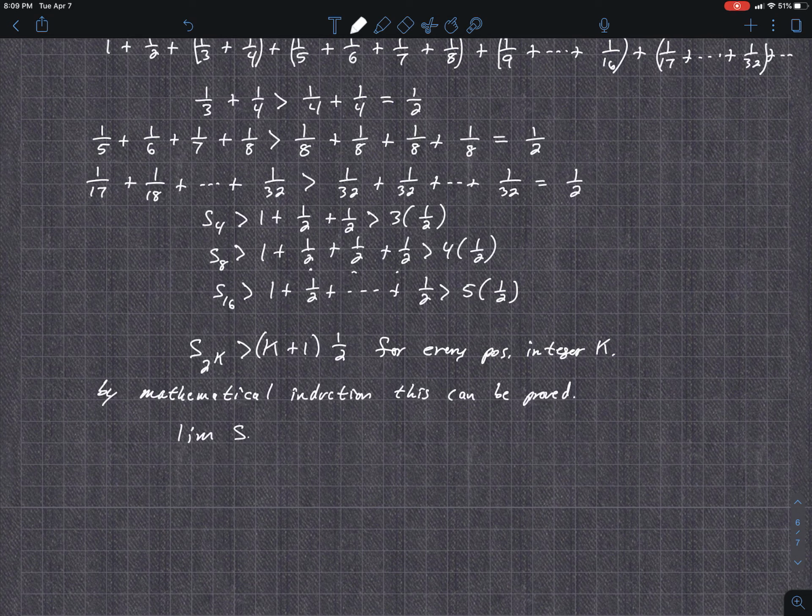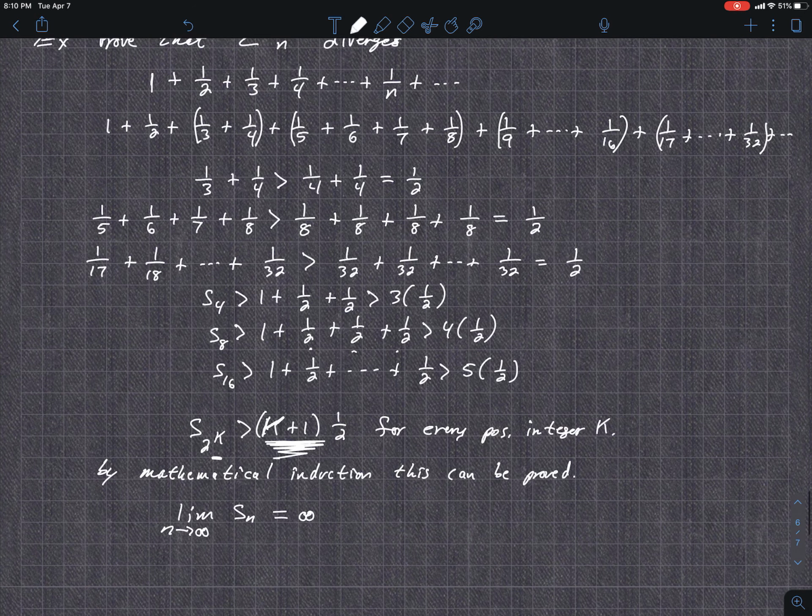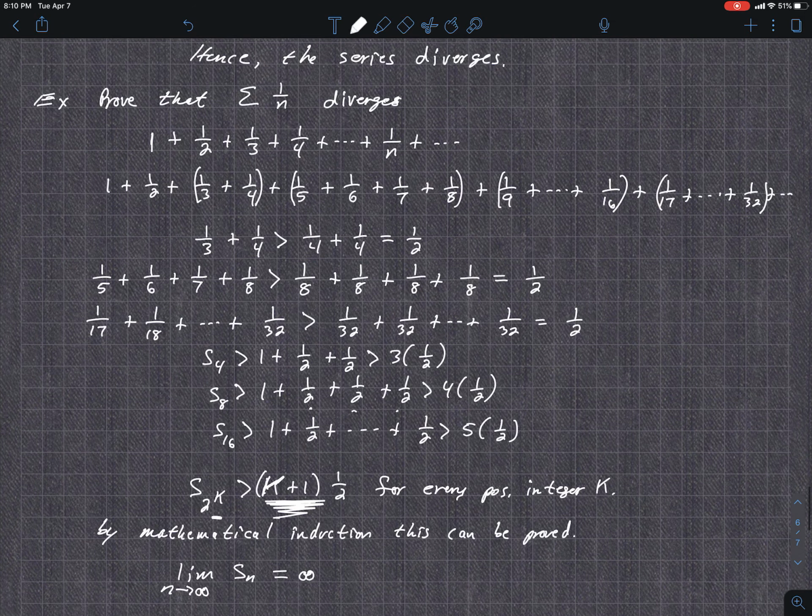So it follows that S sub n can be made as large as desired by taking n sufficiently large, right? So the limit of S sub n as n approaches infinity has to equal infinity, because no matter how large you want, this will always go to infinity. Therefore, S sub k or S sub n has to approach infinity.